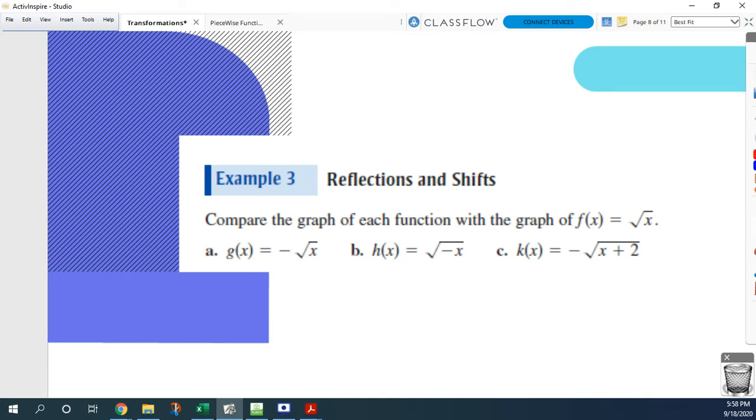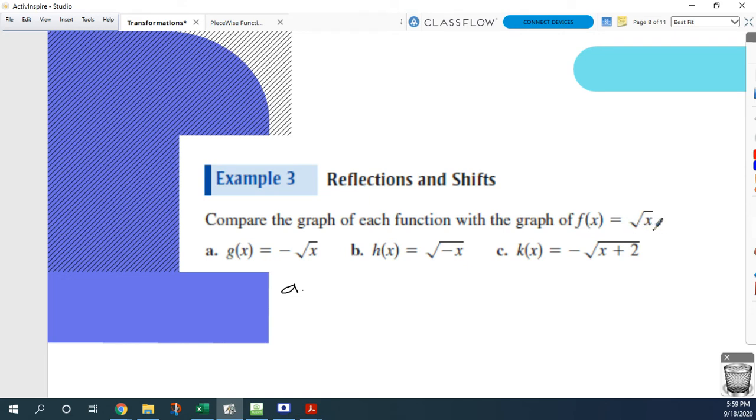Let's describe what's happening here in words first, and then we'll look at what those graphs mean. We need to make sure that we're using the correct vocabulary. If I ask you to describe the transformations, we need to be able to write that out using correct mathematical vocabulary. On our first one, remember we're talking about from our parent function.